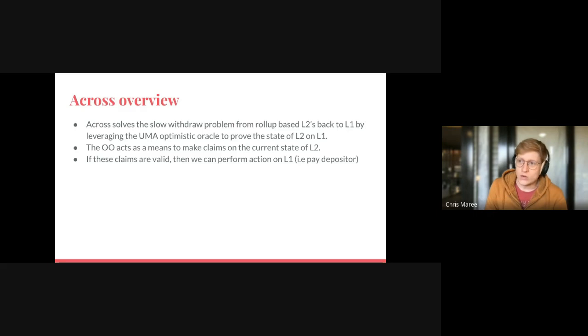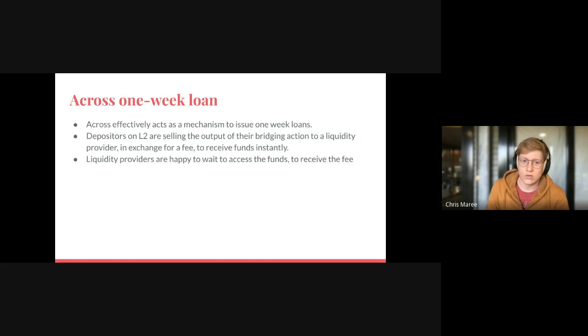Yeah, we can use this to do some quite sophisticated things, which we'll get to now. So the basic structure of what we're going to go over now is how a cross acts like a 1 week loan. When we're exiting from L2 to L1, like Nick mentioned, there's this delay that you have to wait. And basically what a cross lets you do is take your withdrawal transaction from the L2 back to the L1 and effectively sell that to someone else for a fee.